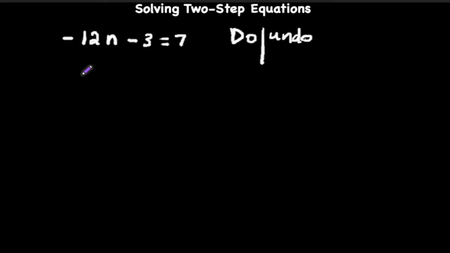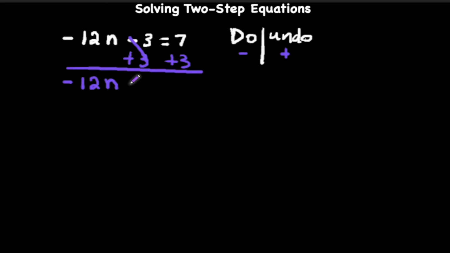What we're going to do is add 3 because currently we are subtracting 3. Minus 3 plus 3 cancels out. We bring down the negative 12 times n. That's equal to 7 plus 3, which is 10.